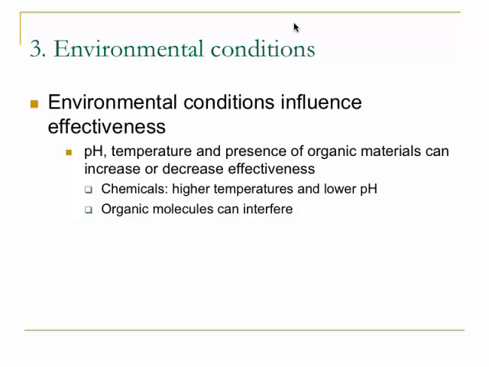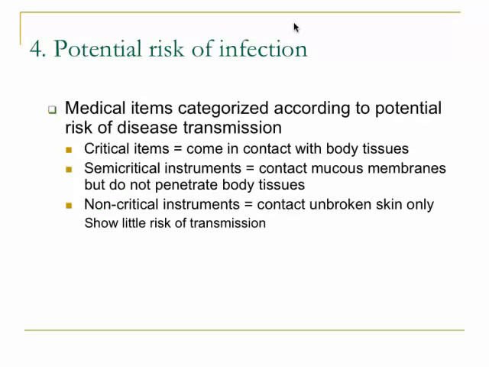In general, chemicals do better at higher temperatures and neutral or lower than neutral pH. And when I say organic materials, I'm talking about anything like dirt, grease, oils, bodily fluids like blood. All of those things can have an influence on some chemicals. Other chemicals work effectively in the presence of these organic molecules, but some are affected, like hydrogen peroxide would be one of those affected by the presence of organic material.